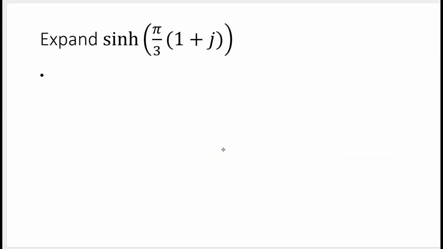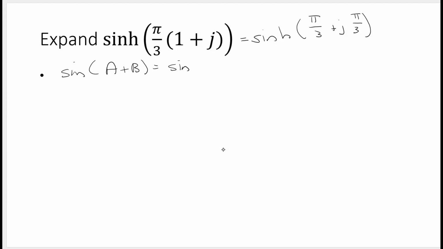We can simplify this straight off by just getting rid of the inner brackets. And then recognizing that it looks very similar to sine A plus B, which is equal to sine A cos B plus cos A sine B. Or the other order, it doesn't matter.